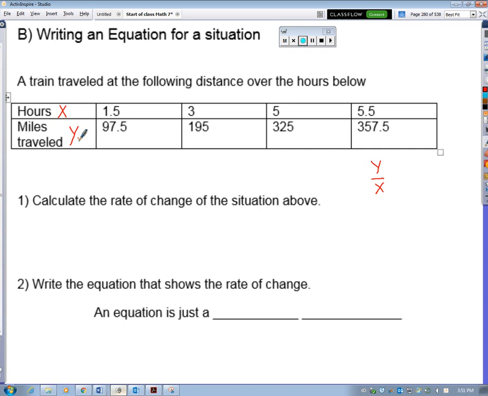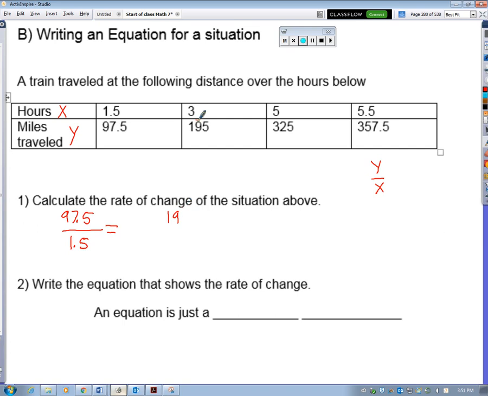Now that we decided which one is which, we're going to make our fractions. So let's take a look at this. We're going to take y over x, so we're going to take 97.5 over 1.5. We're just trying to find the unit rate, so we're just setting up our division problems to see what that number comes out to.